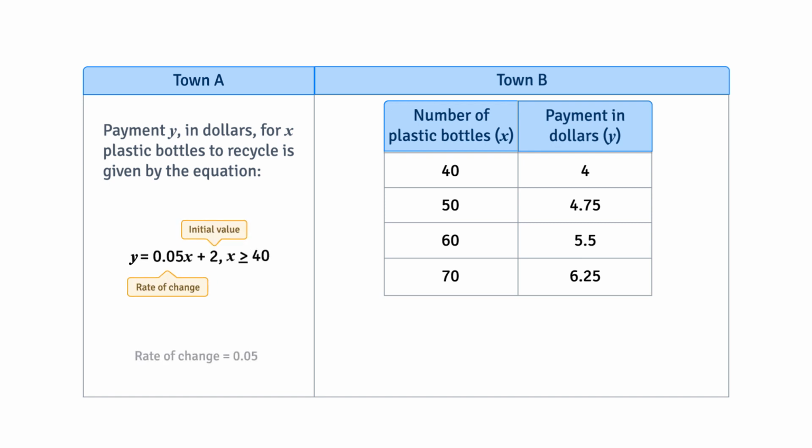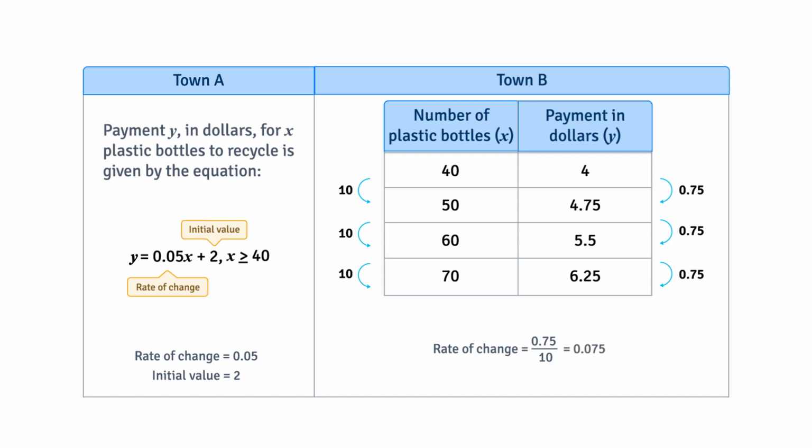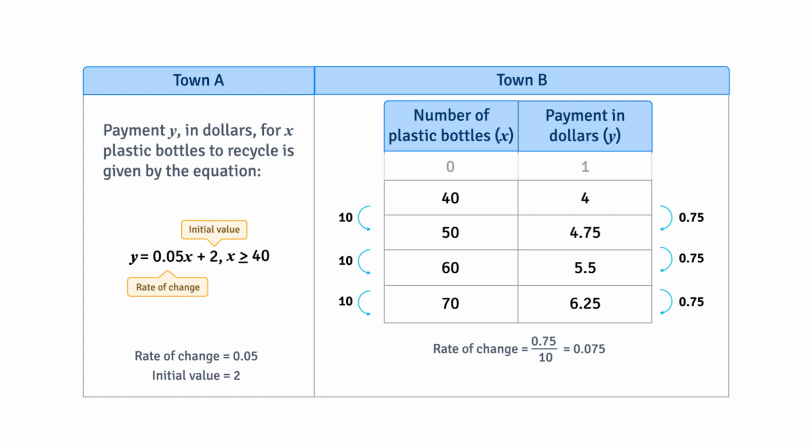The rate of change is 0.05 and the initial value is $2. In Town B, the rate of change is the change in y over change in x. The rate of change is 0.75 over 10 equals 0.075. Reverse the pattern to find the initial value. The initial value is 1.